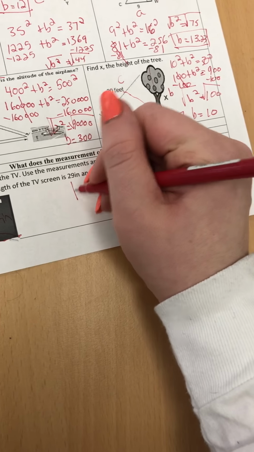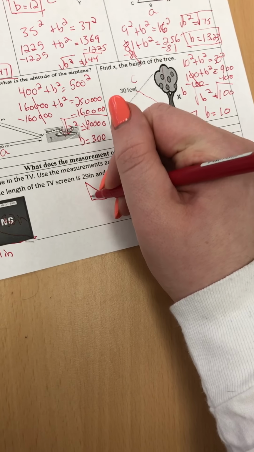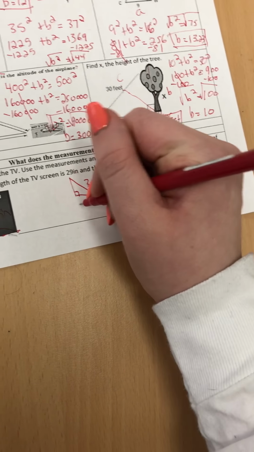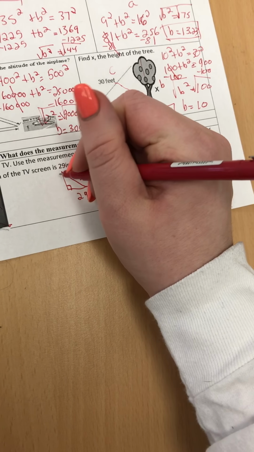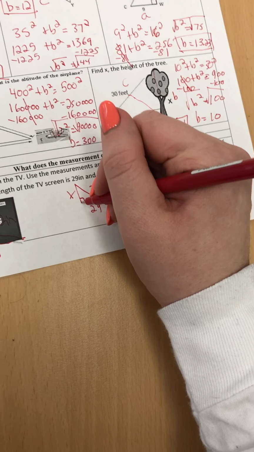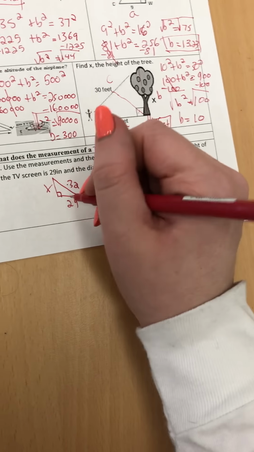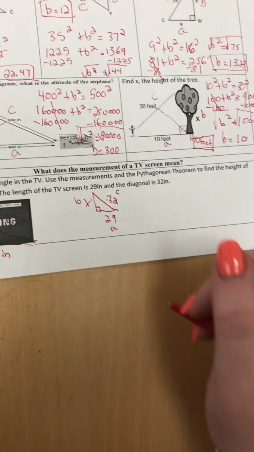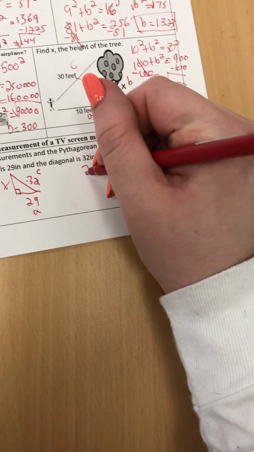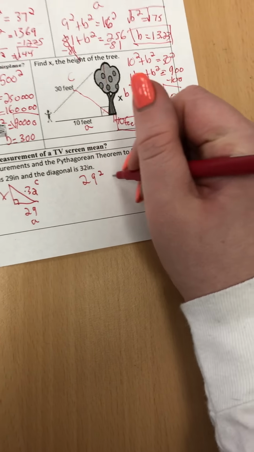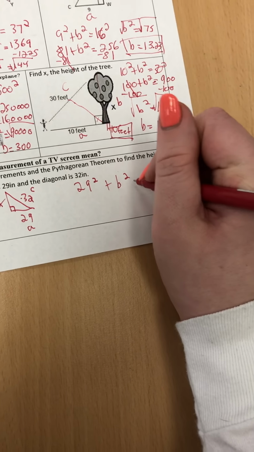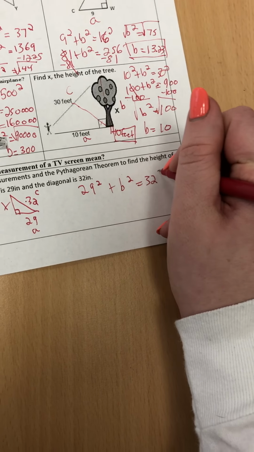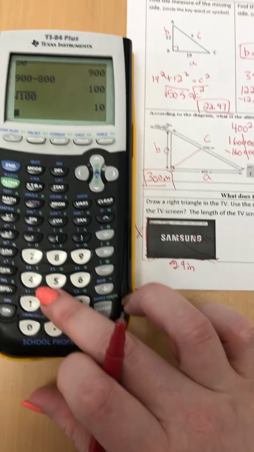Let's bring this over here just so I can see it more clearly. So we know this is 32, this is 29, and this is our X. So side across from the square, that's our C. So this is going to be our C, this will be our A, this will be our B, which is what we're going to solve for. So we set up the formula, so 29 squared plus B squared is equal to 32 squared. So again, we're going to simplify the numbers first.